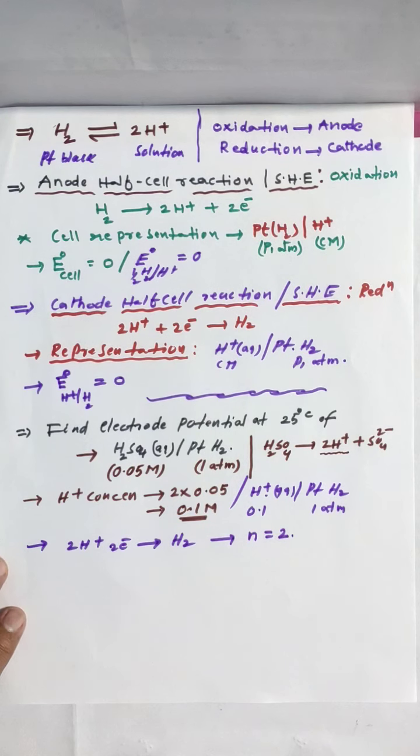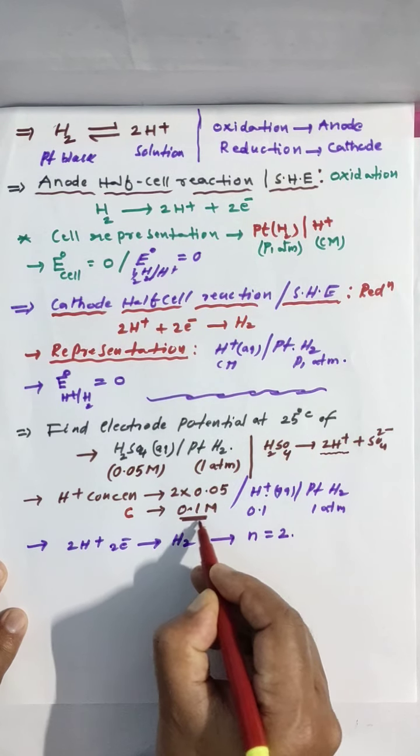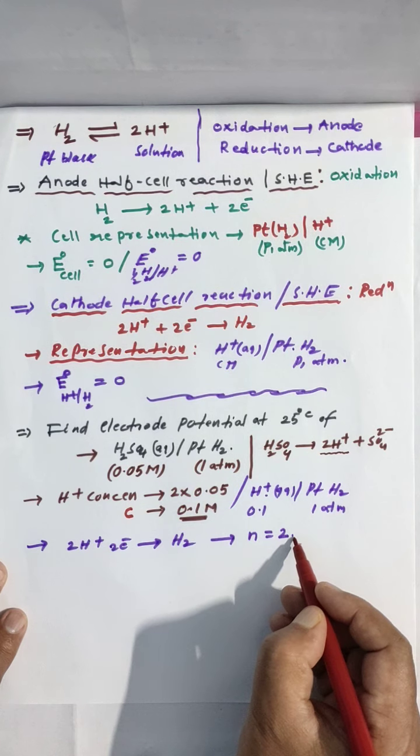Change in the electrons, n value is 2. So we have concentration 0.1, and change in the electron number or oxidation number 2.